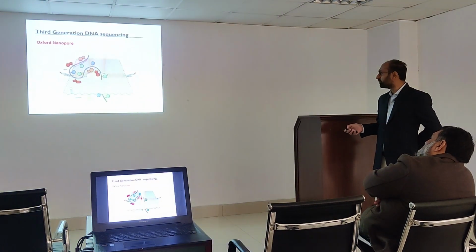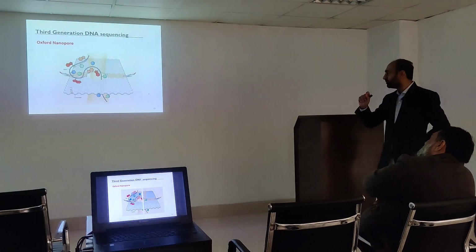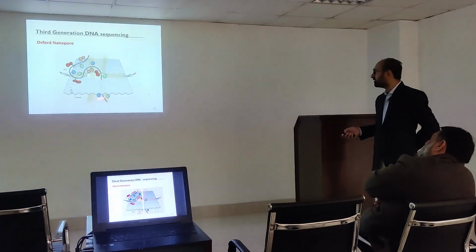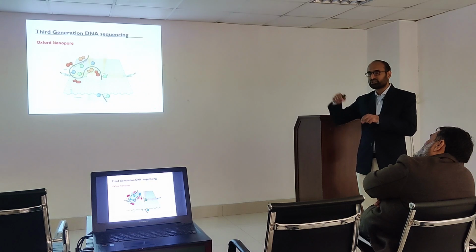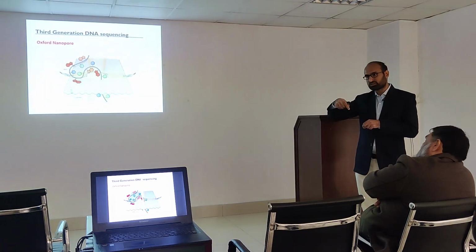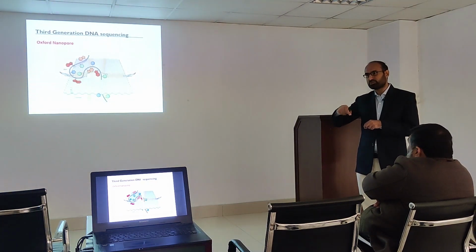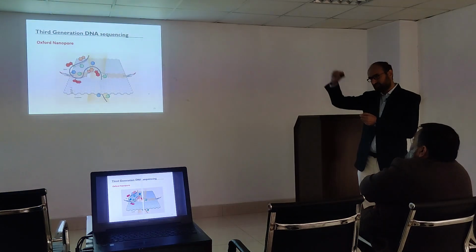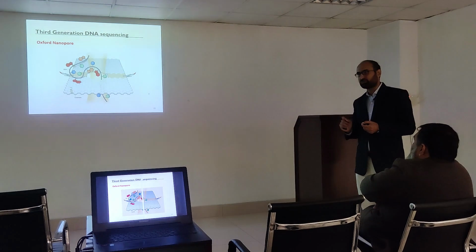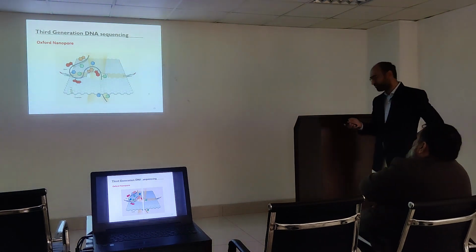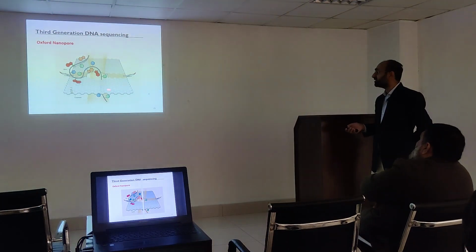So on this membrane, which is present in the MinION flow cell, there are thousands of receptors. Through each receptor the DNA fragment passes, and each receptor produces a DNA sequence, which is recorded in the FASTQ format. This is the beauty of the machine.